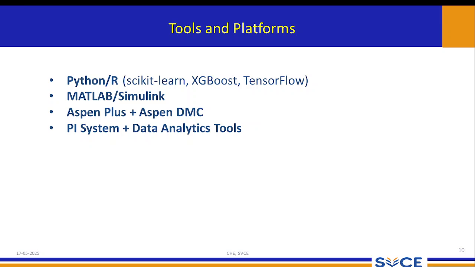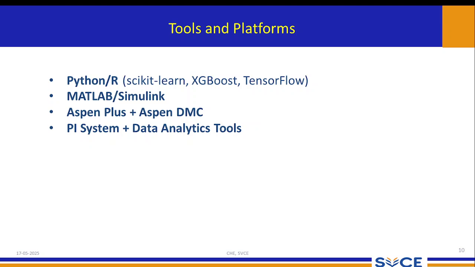Data integration and analysis: the PI system can integrate data from different sources, enabling a holistic view of operations. Asset management: it helps manage assets by tracking their performance, identifying potential problems, and enabling predictive maintenance.